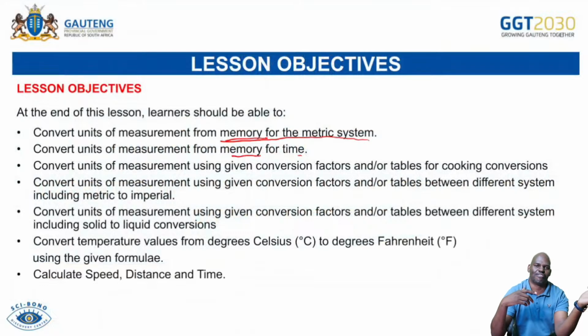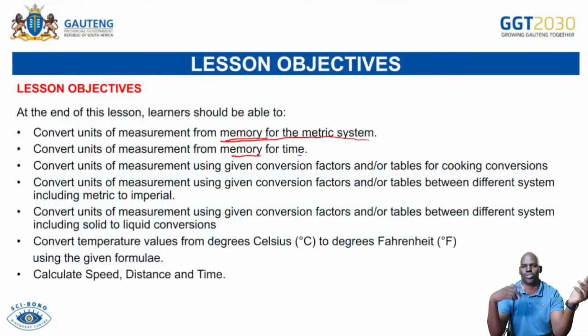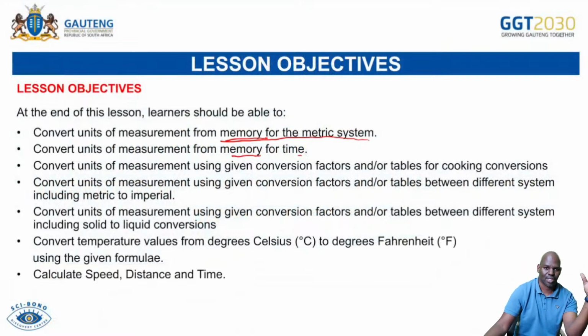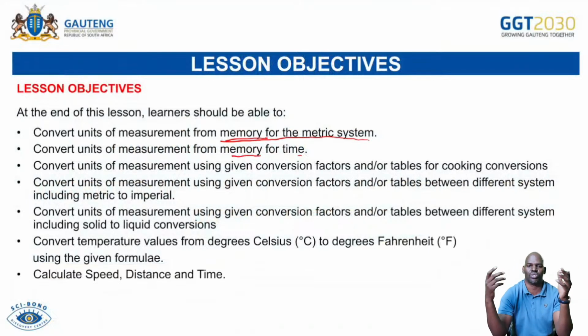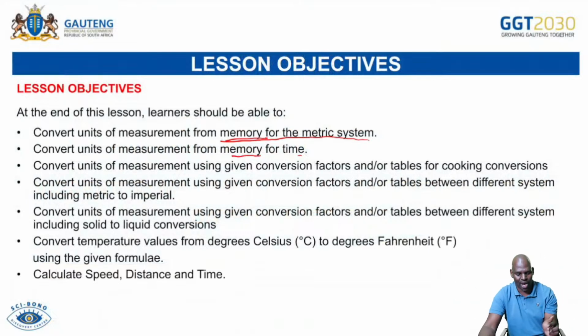A week has 7 days. A year consists of 365 days. Hence, we say memory for time. The examiner might not necessarily tell you that 1 day is equal to 24 hours or 1 week is equal to 7 days, but that is something you need to know.